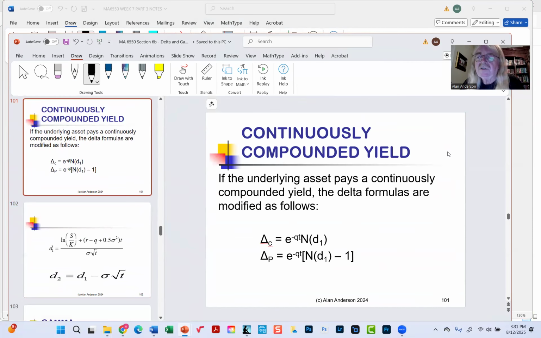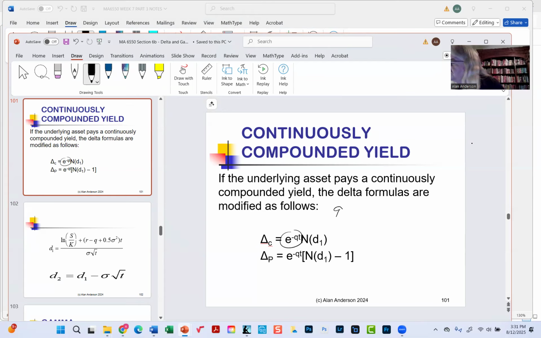This just reminds us how to adjust our formulas if we're pricing an option on, let's say, an asset like a currency that provides interest to the owner. Then we have to use Merton's model instead of the original Black-Scholes model. One of the consequences is that the Greeks need to incorporate this term e to the minus qt.